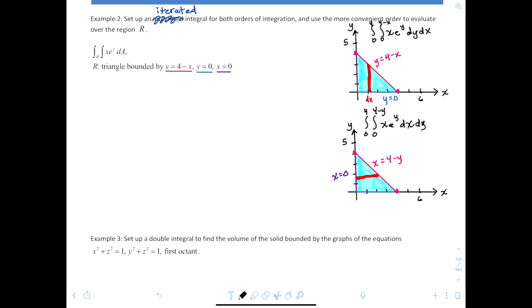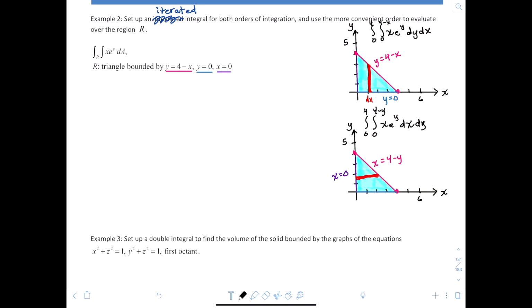Okay, so now you want to think about integration, right? Because we need to integrate this stuff, and I'm wondering which one will be easier to integrate. Sometimes you might want to just dive in and try it. But let's see, if I was integrating the first one, the top one, we'd be integrating with respect to y first. So we would just get e to the y, and then we'd be putting in a 4 minus x.